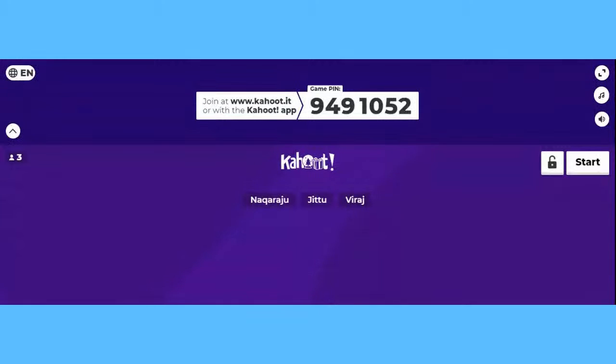Now we have got three participants. Oh, four participants. That is Sandhya, Nagaraju, Jitu, and Viraj. Let us wait for some more.